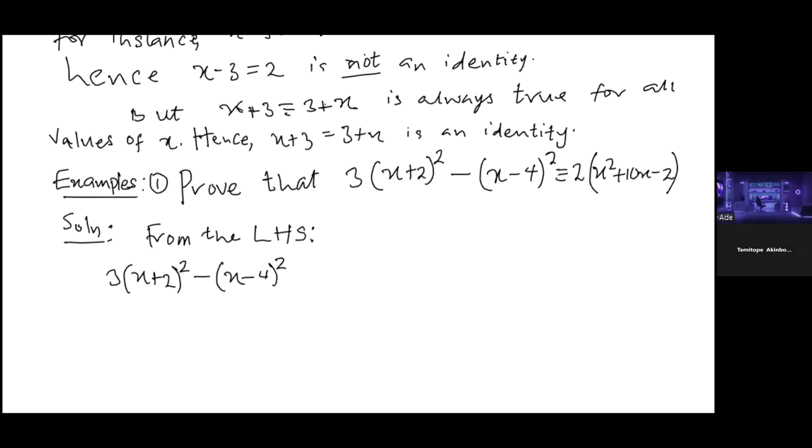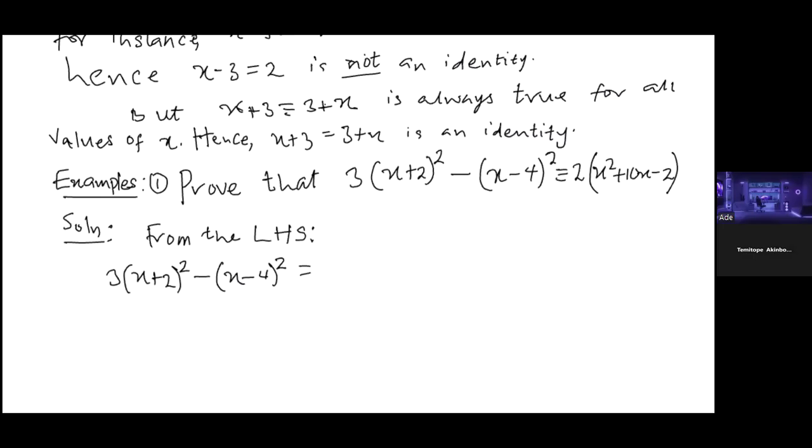Now, two things you can do. If you like, you can open up the bracket. I think that's the best way to go, because this is not a difference of 2 squares. So open up the bracket first in each.